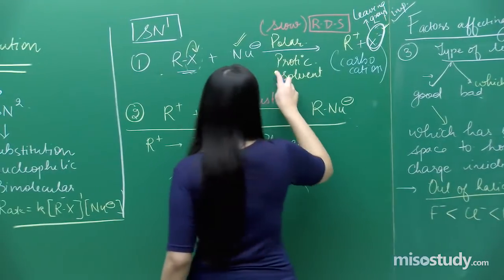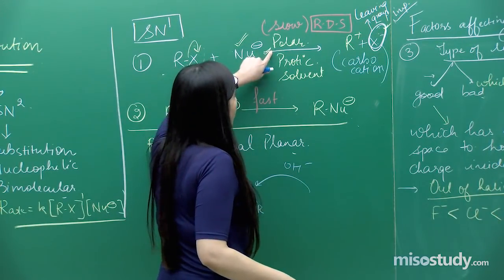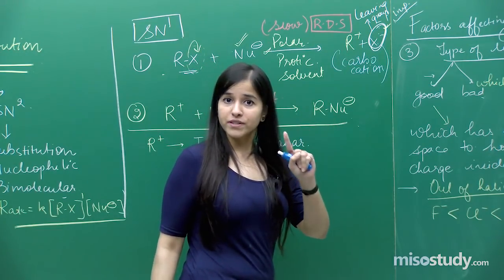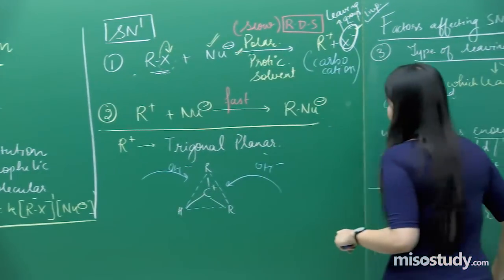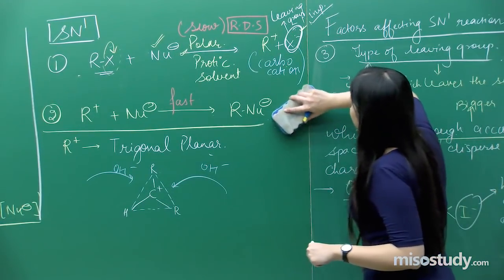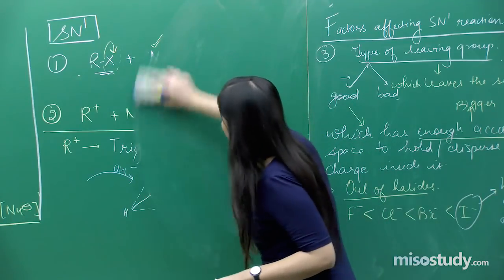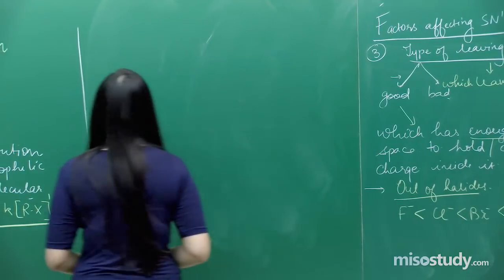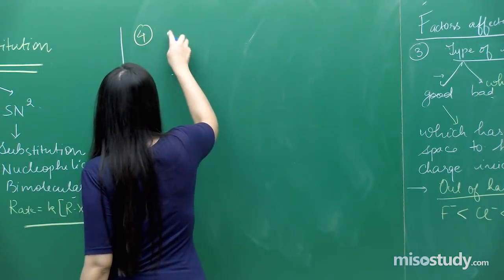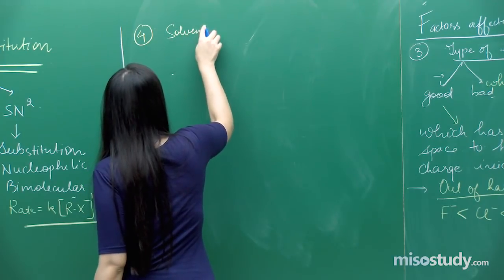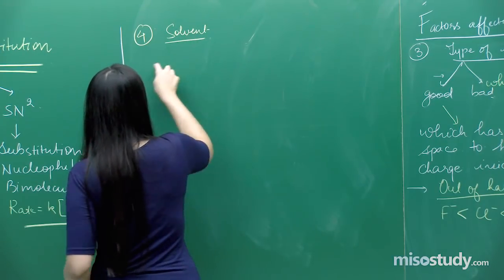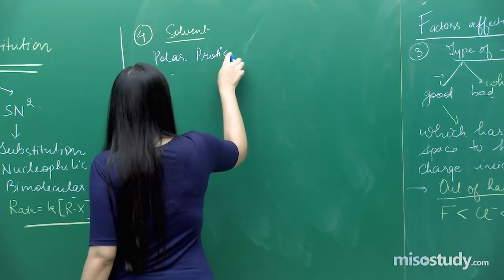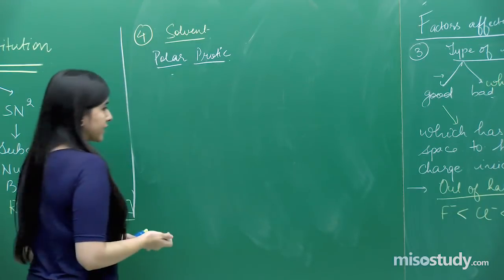Next factor, I am just giving you an idea about this factor, is polar protic solvent. Now first of all, the point is what polar protic solvent is, right? Let me rub this particular portion off because we are almost done with Sn1, right? Now, fourth factor, the choice of solvent. So first of all, I am taking polar protic. What is the meaning of polar protic?